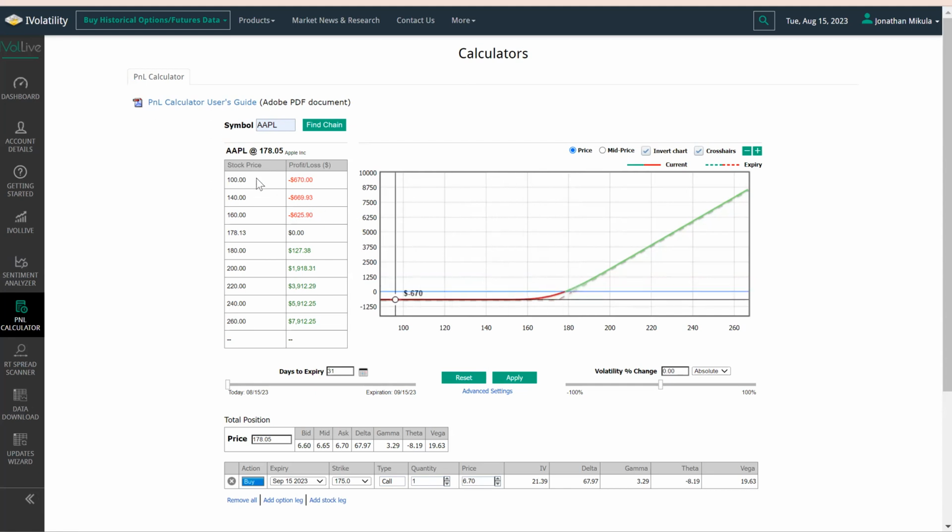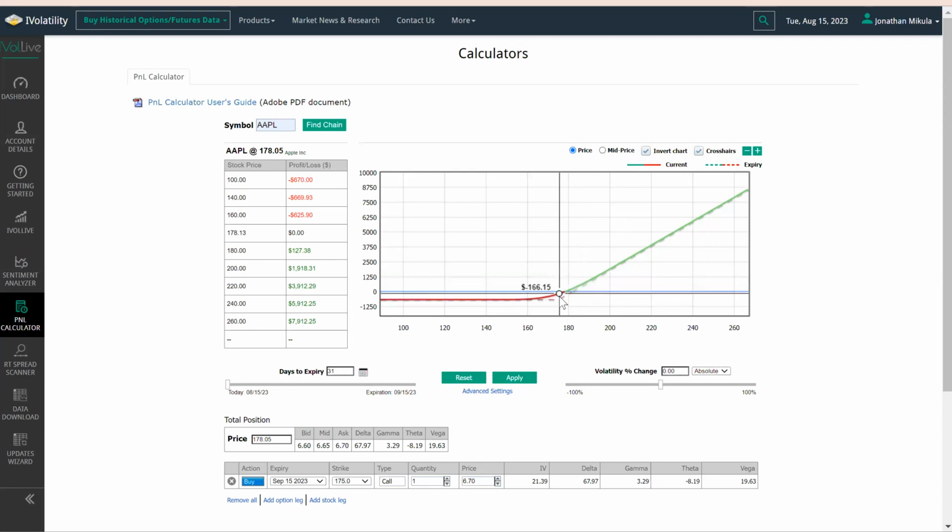The other thing that you see is a table view. This tells us, if Apple goes to these following stock prices, what does our potential loss look like? Obviously, we'd be sitting on a loss if Apple went down. And then what does our potential profit look like based on our entry price? That's, again, where our break-even point is.